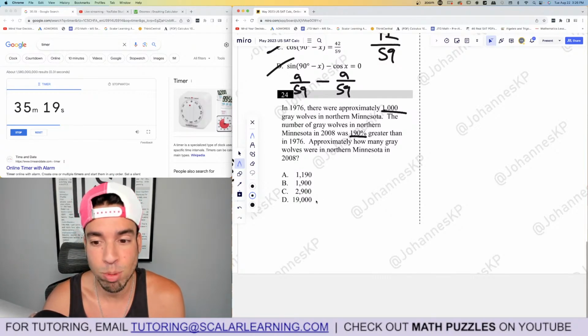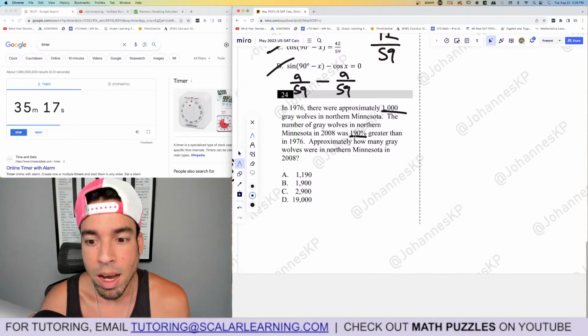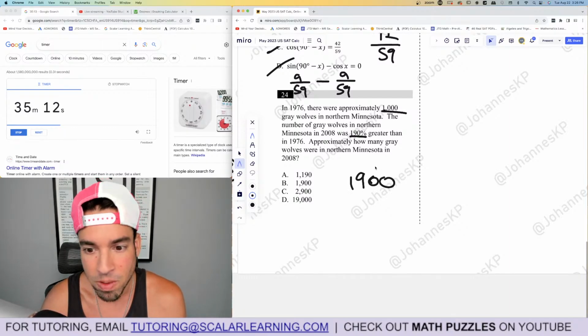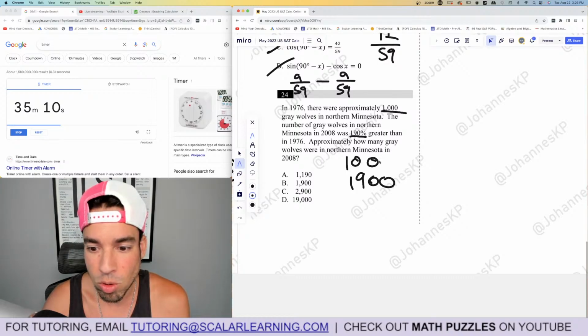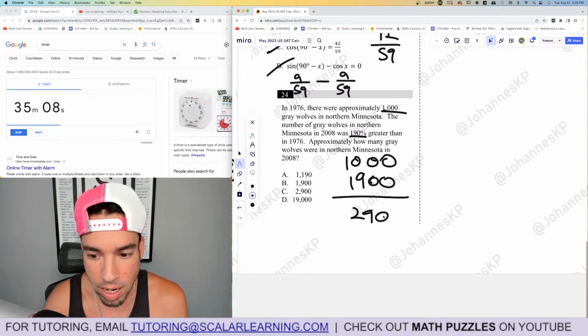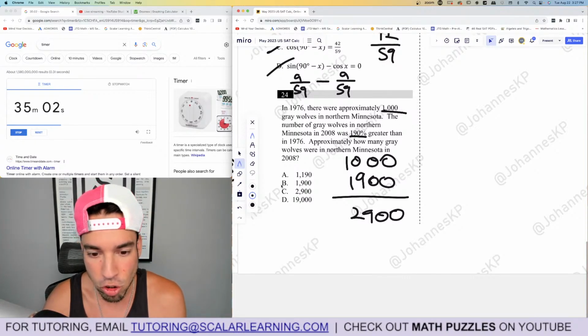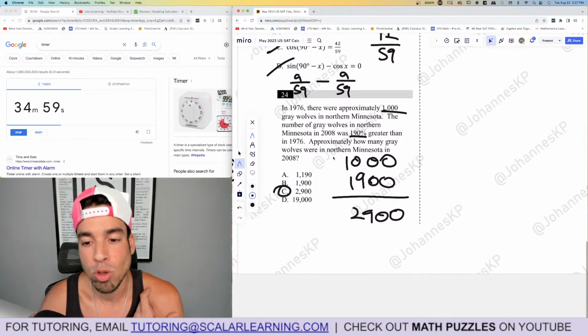It was 190% greater, which means I have to calculate 190% of 1,000, which I can do mentally. It's 1,900. And then I have to add it to the original. Notice in the answer choices, they gave the answer of 1,900. So if you just took 190% of this, but didn't add it to the original, you get B, and that would be incorrect. So C.